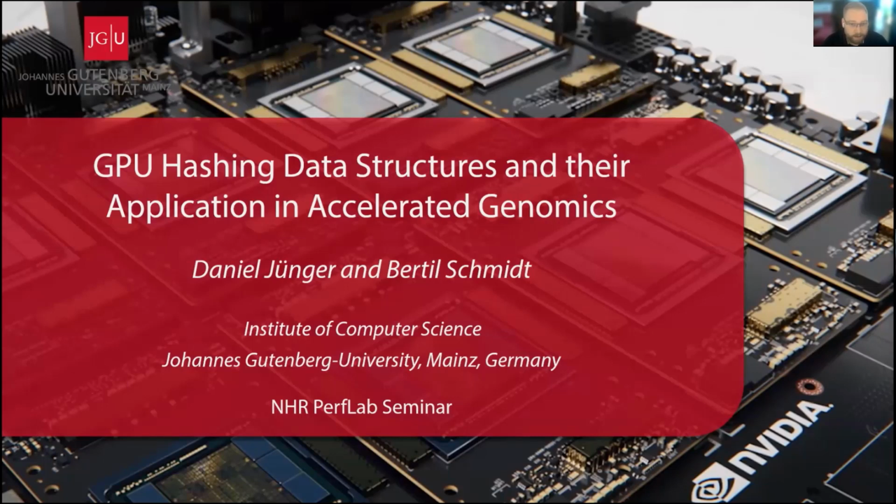In the first half of this talk, I am going to discuss how we were able to exploit the fast memory interface of modern GPUs by proposing a parallel hashing scheme, which is tailored to improve the memory access patterns on CUDA architectures. I would then like to give the floor to my PhD supervisor, Bertil Schmidt, who will talk about our advances in the field of genomics through the power of these GPU hash tables. So let's dive in.